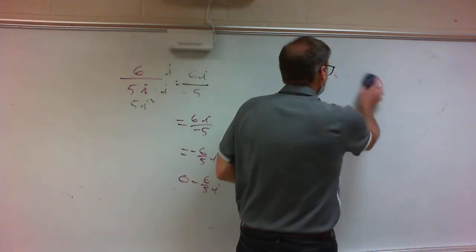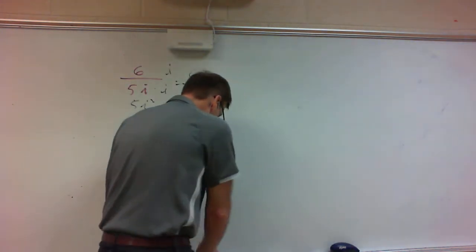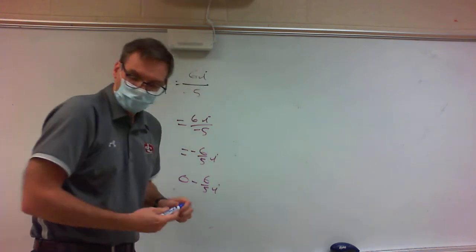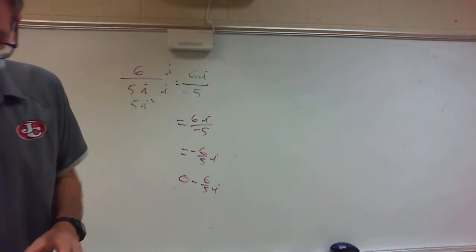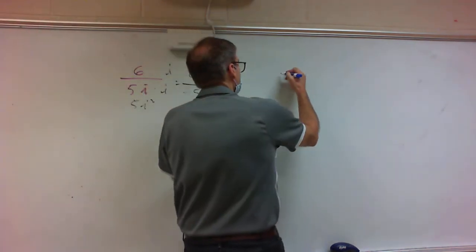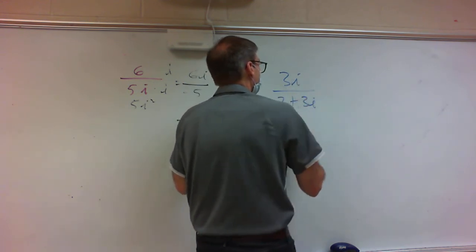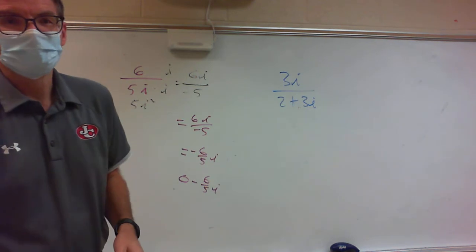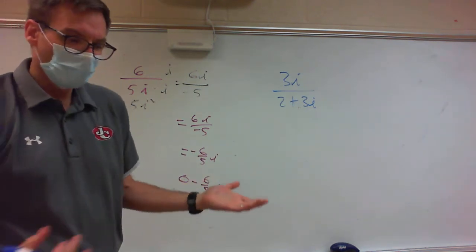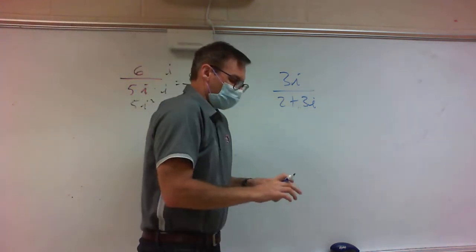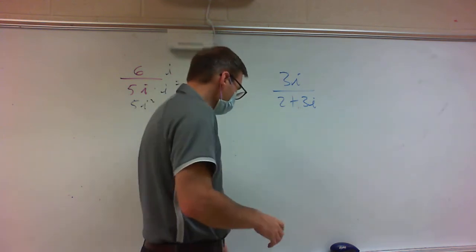A harder division problem looks like this. What if I give you 3i over 2 plus 3i? Now, how do we deal with the harder division problem?